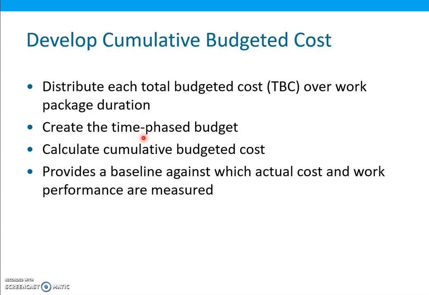So a cost is determined for each period based on when the activities that make up the work package are scheduled to be performed to create the time-phased budget. The cumulative budgeted cost is the amount budgeted to accomplish the work scheduled to be performed up to that point in time.